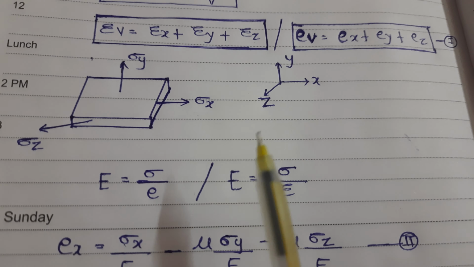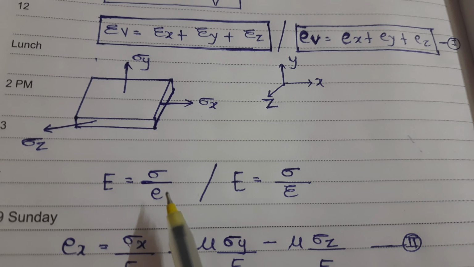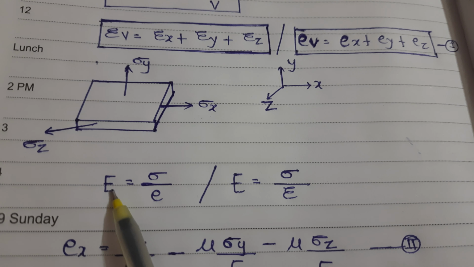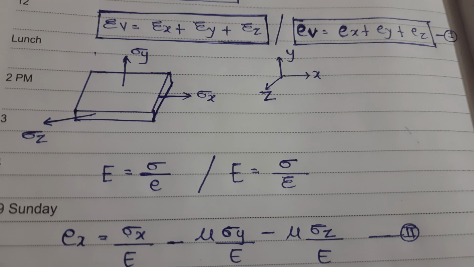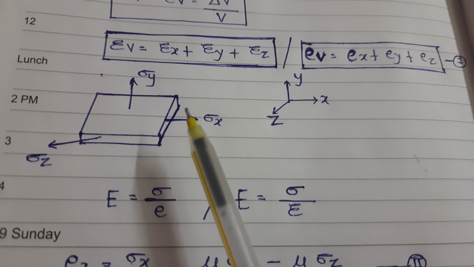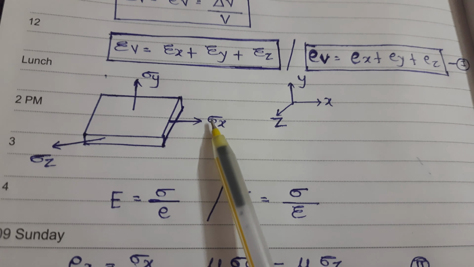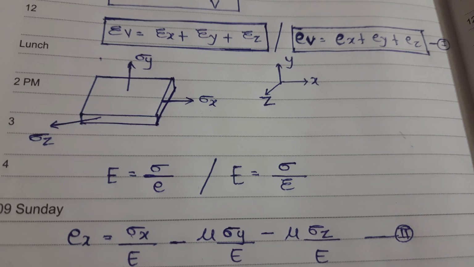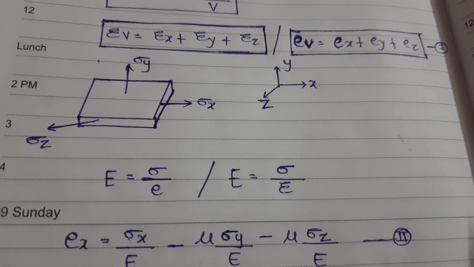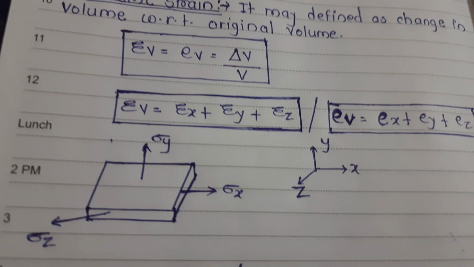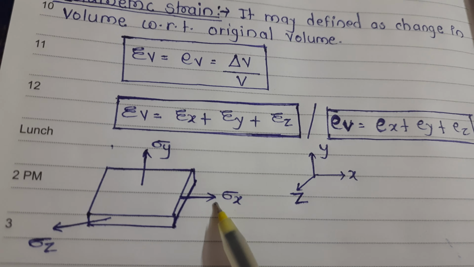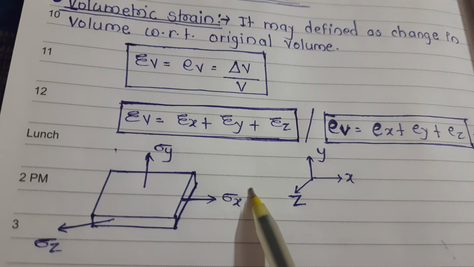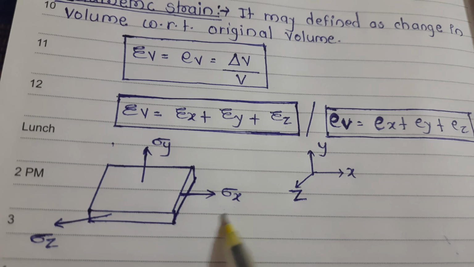Because linear strain Ex is equal to sigma x upon E. But when the linear strain is sigma x upon E, the remaining two strains are lateral strains, because when stress is applied in x direction, the length of that bar or cube or rectangle increases.